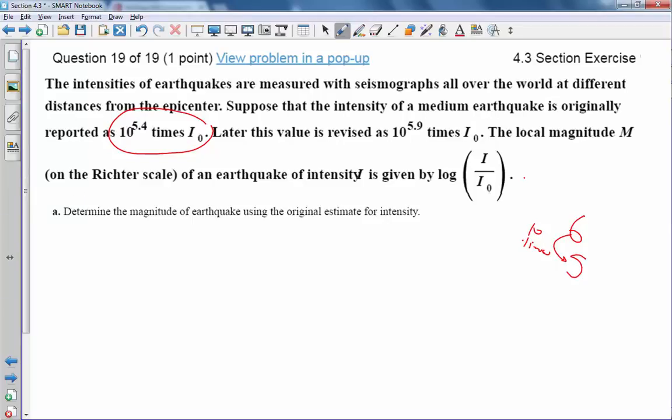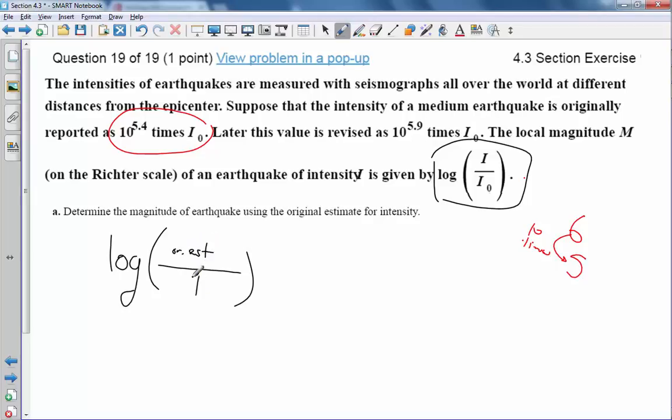So this is their announcement. You need to change it to scale. All you need to do is use this formula of Richter scale calculation. You need to put the measurement, the original estimate here, and I0 is the reference shake amount.